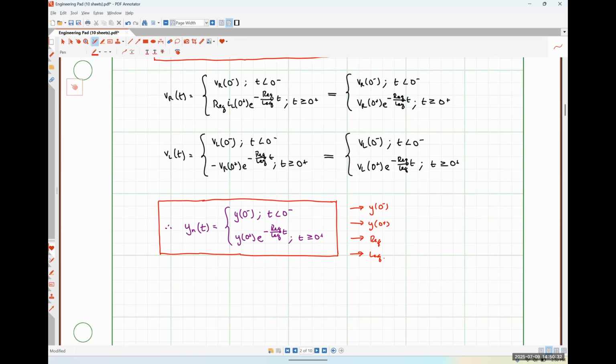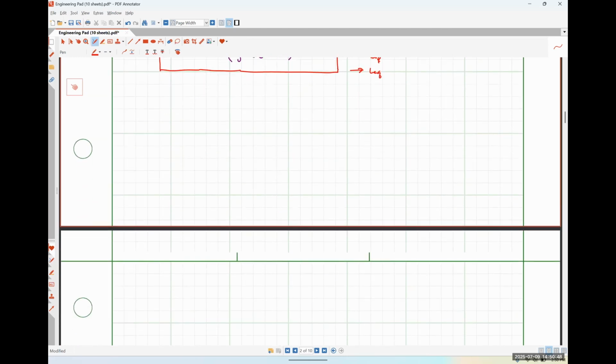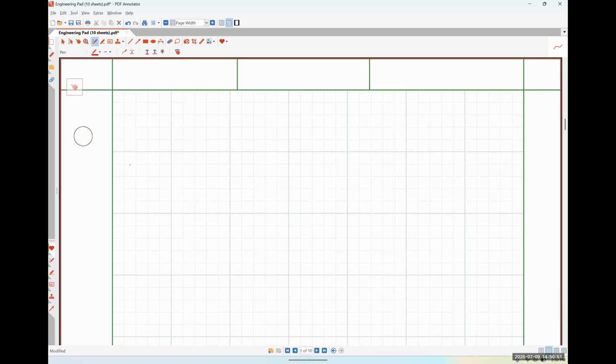So I would like for us to now work an actual example problem and see how all of this sorts out. And I'm going to show you my preferred method for solving these circuits. So this is the circuit that I am interested in.